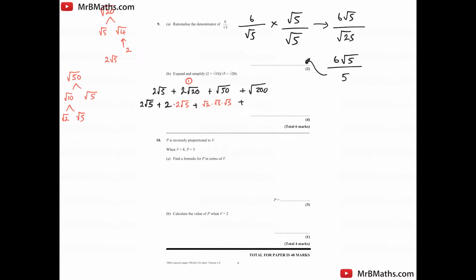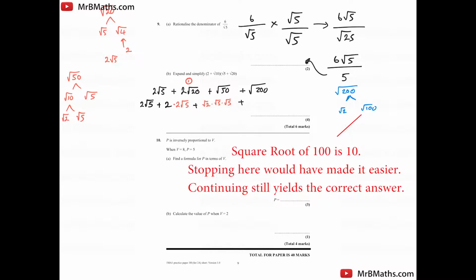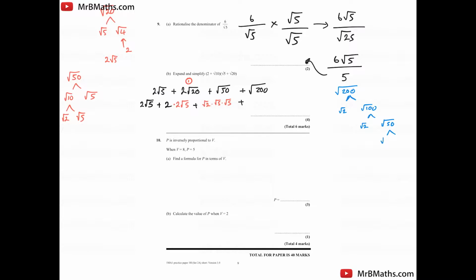So let me do that over here. Root 200, root 2, root 100, root 2, root 50, root 2, root 25. Okay, so if I just write this here quickly, I end up with root 2 times root 2 times root 2 times root 25.